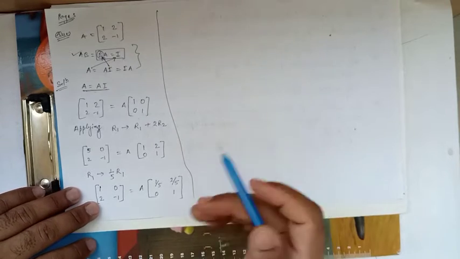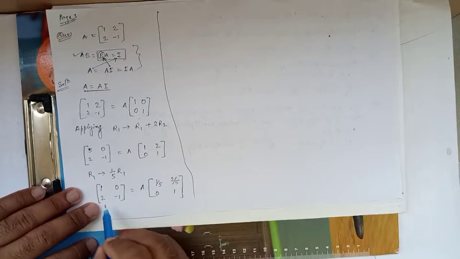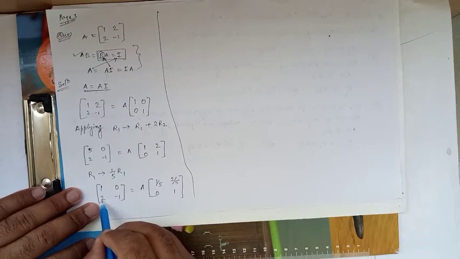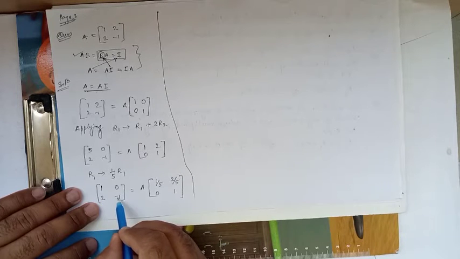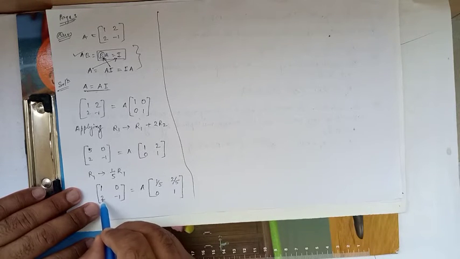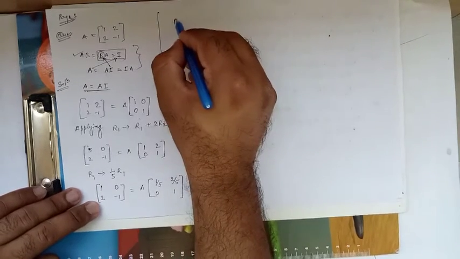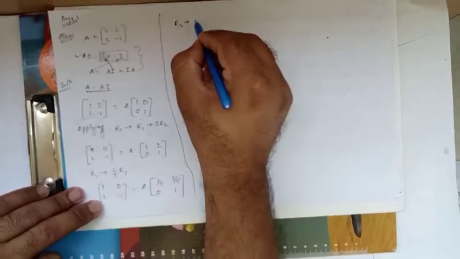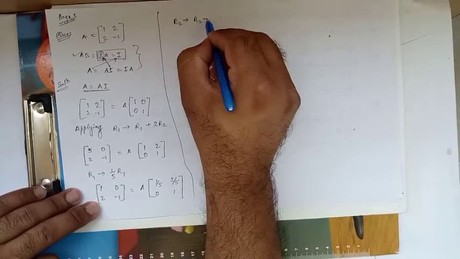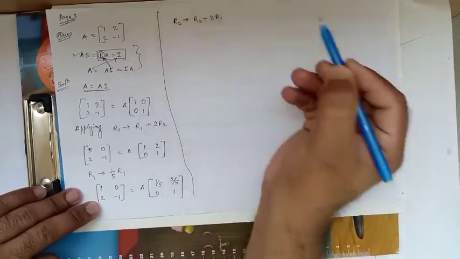Now further what we need is, we need to make this as 0 and this is positive 1. We will do that. So what we are doing is, we will make first this one as 0. So how we can do? R2 goes to R2 minus twice R1.